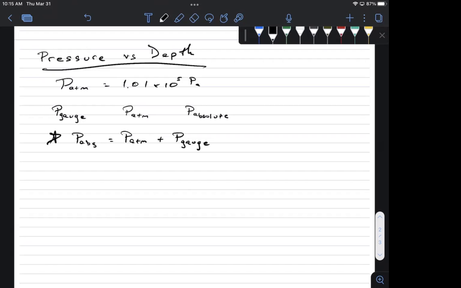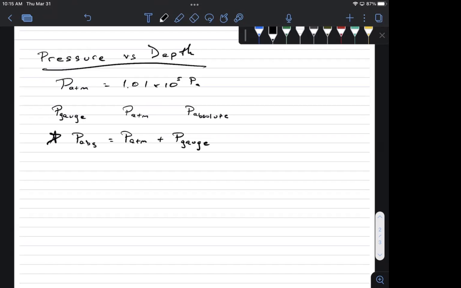And so the rule we're going to use, and this is purely my rule, this is not some standard of all of physics, the rule we're going to use in this class is anytime I ask you for the pressure, you automatically assume it's gauge pressure. Unless the problem specifically says, give me the absolute pressure or the total pressure.